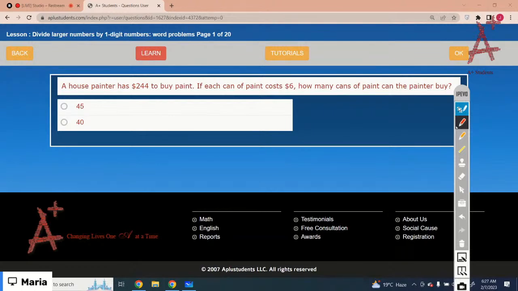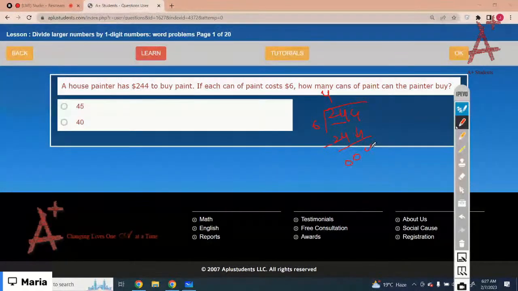A house painter has $244 to buy paint. If each can of paint costs $6, how many cans of paint can the painter buy? So you have to divide 244 by 6. 6 times 4 is 24. Got it? Here you have 0.